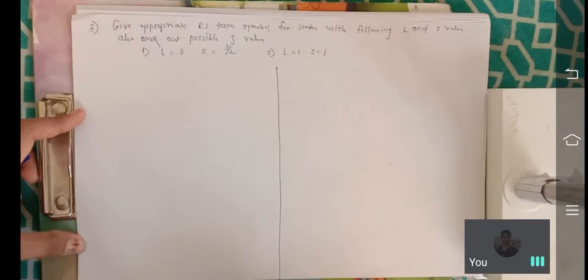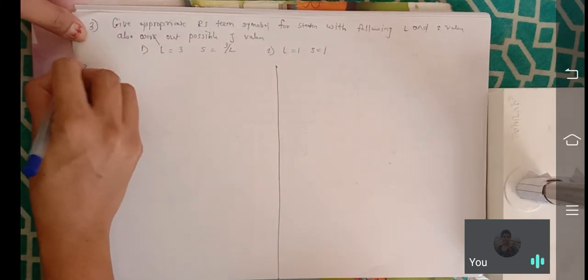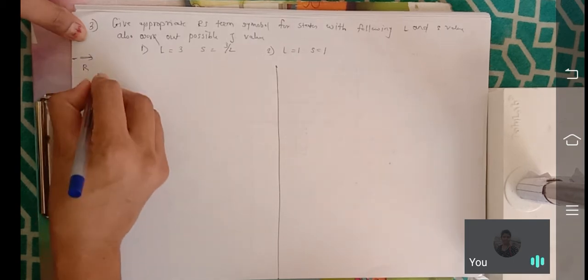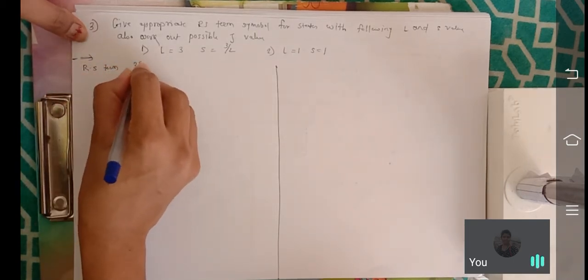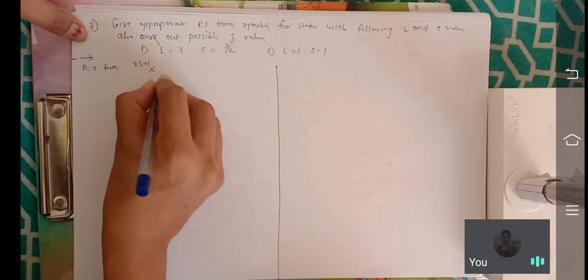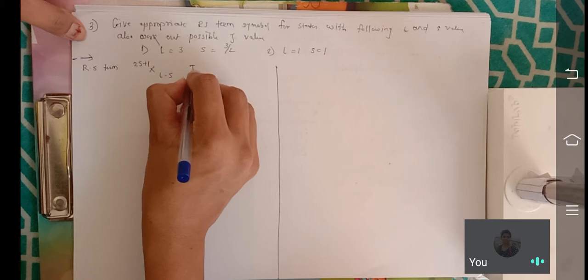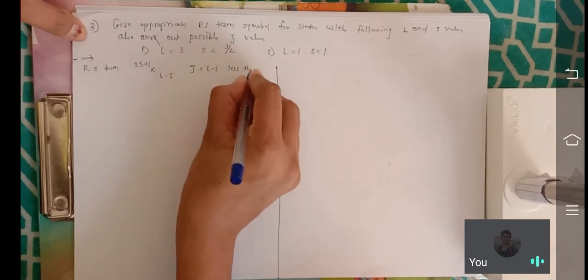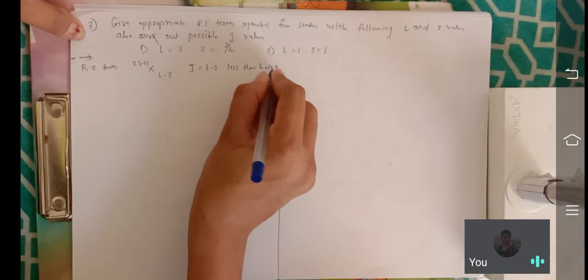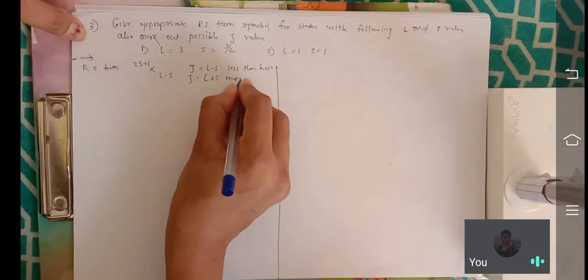Now when you write the formula to find out the term symbol, the term symbol is twice S plus 1, X, with J equal to L minus S for less than half filled, and J is equal to L plus S for more than half filled.